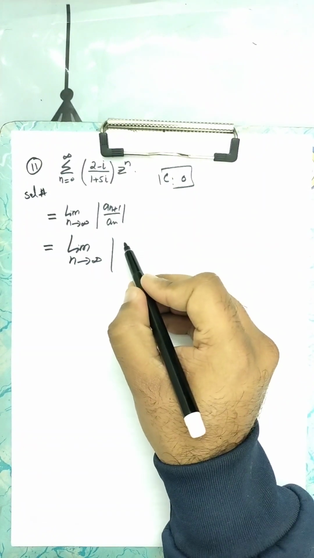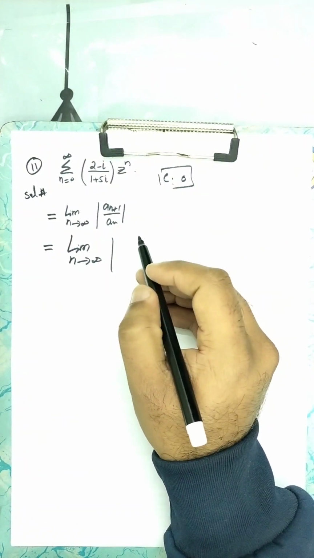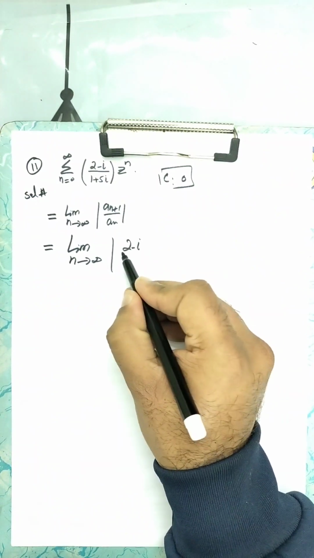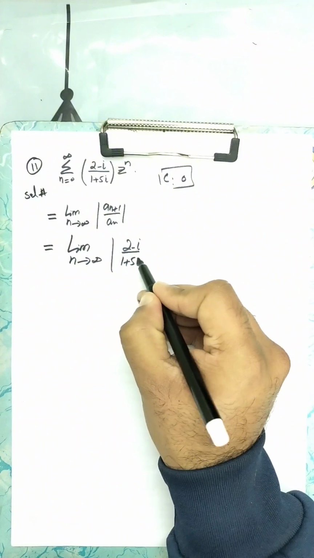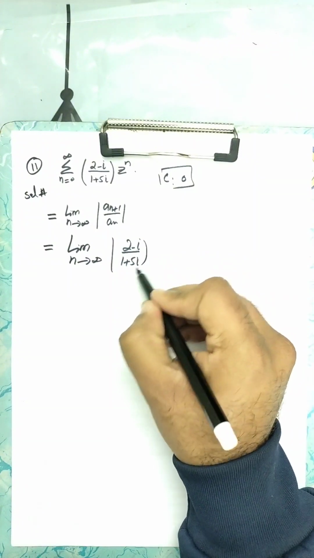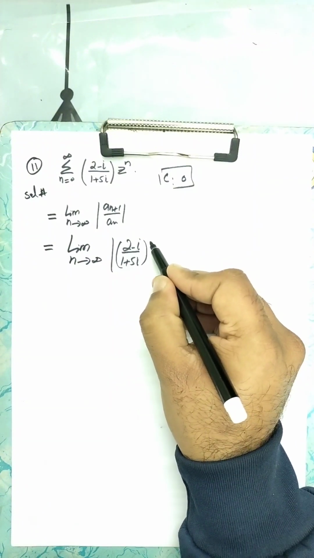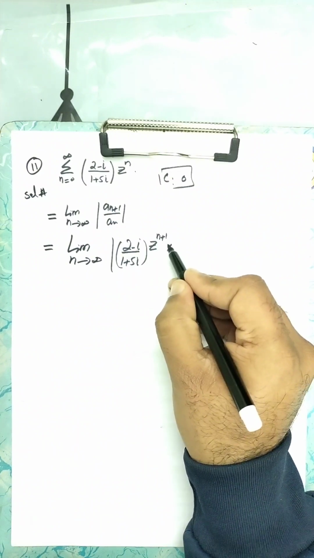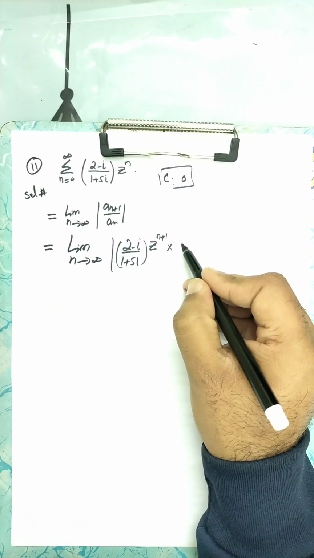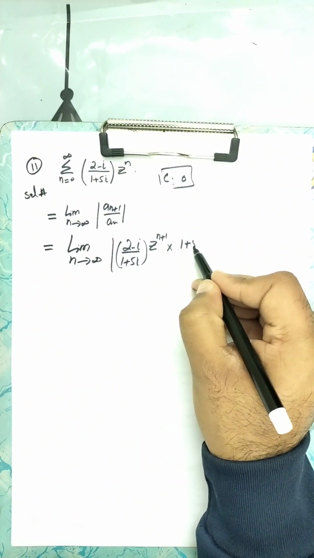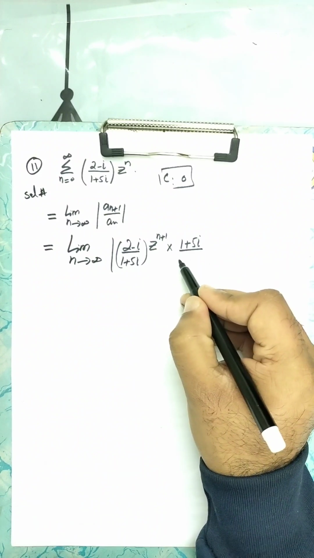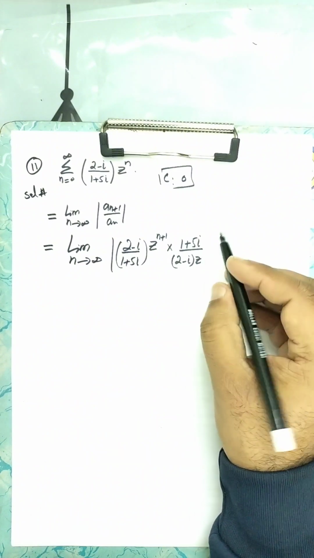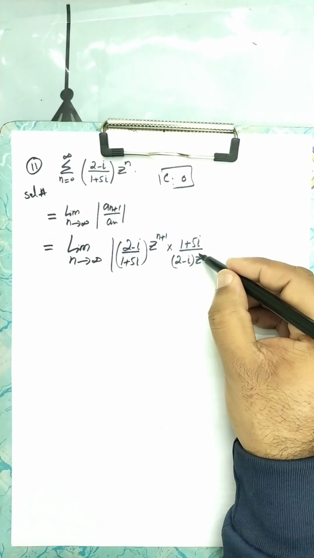A n plus 1 is 2 minus iota over 1 plus 5 iota, this is similar, and this is z to the power n plus 1, and multiply by 1 plus 5 iota over 2 minus iota, z to the power n.